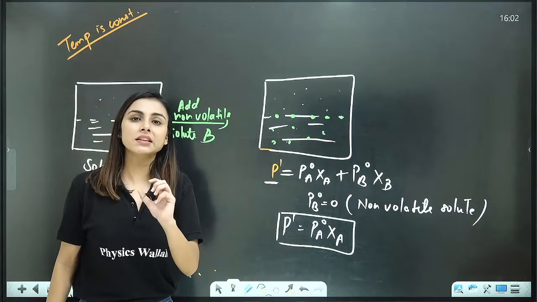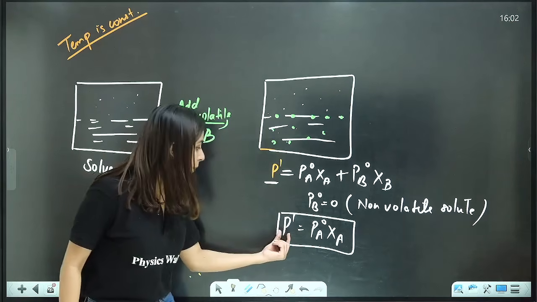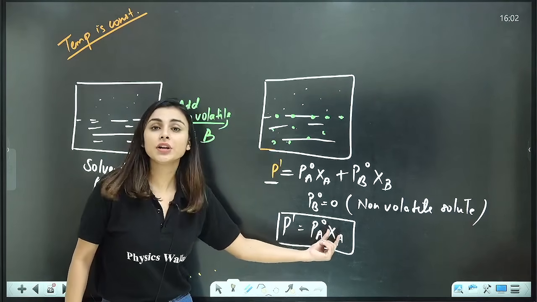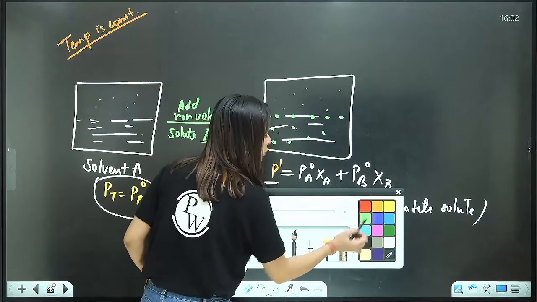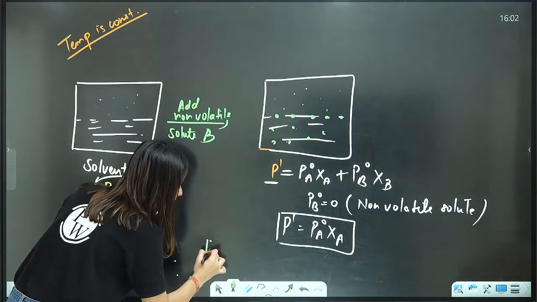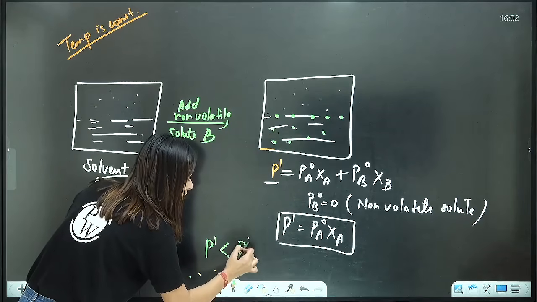And we can understand this as well: here P total is equal to PA naught, and here P dash is equal to PA naught into the mole fraction of A. From here we can conclude that P dash is less than PA naught.